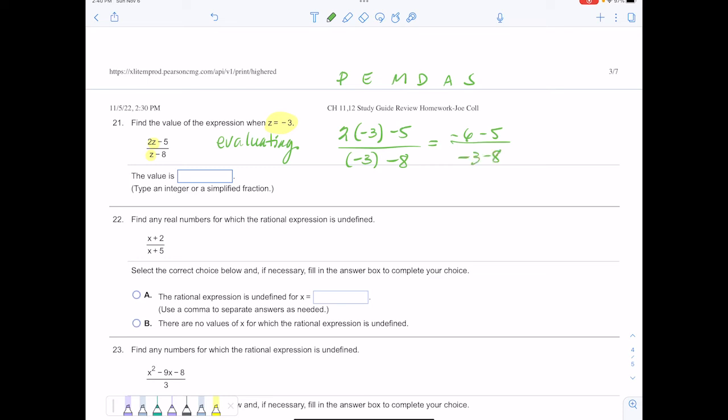So remember, whenever you subtract, you change the sign. So I have negative 6 plus negative 5, which is negative 11, and negative 3 plus negative 8, which is negative 11. And what happens when you divide a negative 11 by a negative 11? You would get 1. So 1 is your simplified answer.